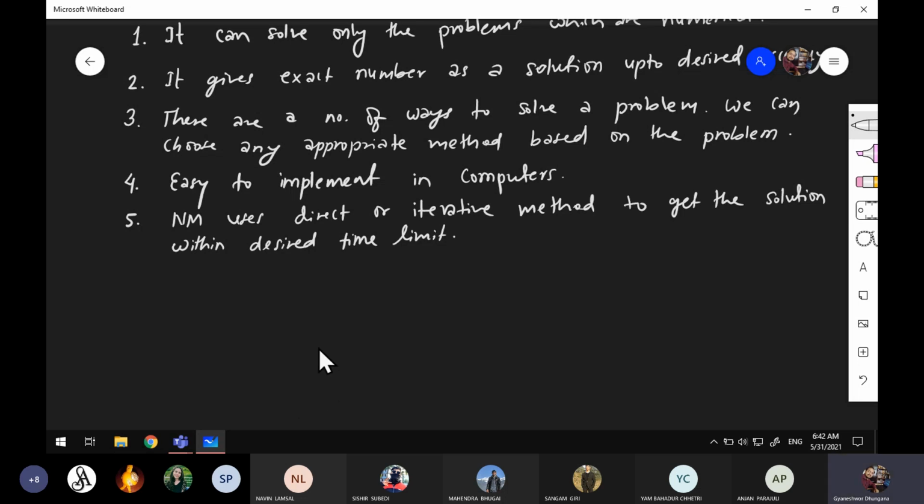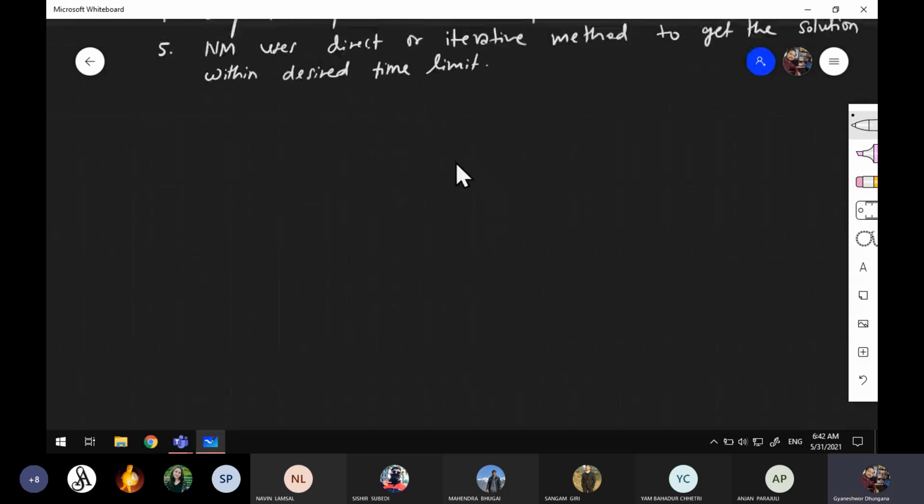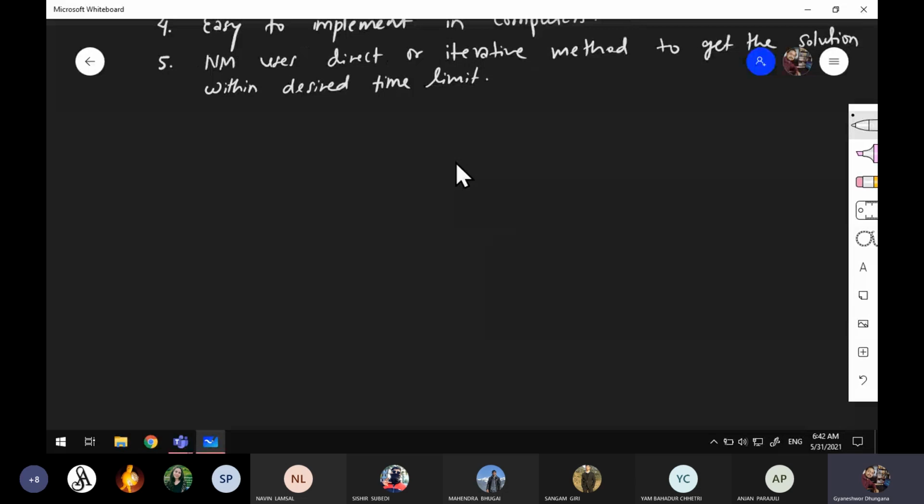Okay, and there are two types of numerical methods, direct and iterative. One type of method is called the direct method, another is called the iterative method. Now, what are the direct and iterative methods? Let's understand them, so that when we start studying the actual numerical methods, you will be able to understand whether a method is a direct method or an iterative method.